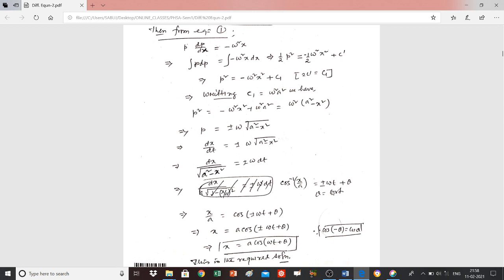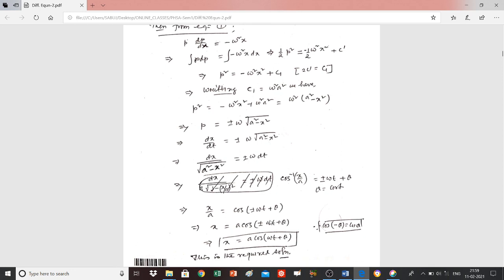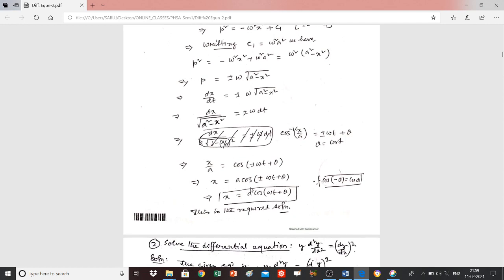So from this relation you can write x by a is equal to cos of plus minus omega t plus theta. Or x is equal to a cos of plus minus omega t plus theta. Or x is equal to a cos of omega t plus theta, because we know that cos minus theta is equal to cos theta. So this is the solution.